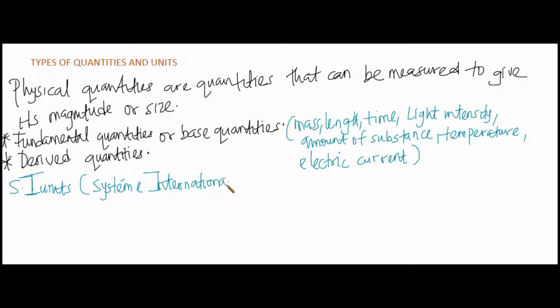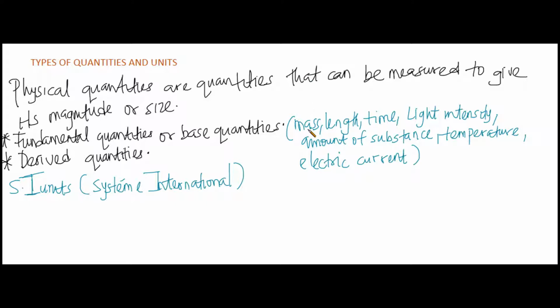It is like a French word. This is the generally accepted unit in all branches of physics, which cuts across physics. This is what has been agreed across the whole world. So I'm going to list out the unit associated with each of these fundamental quantities.